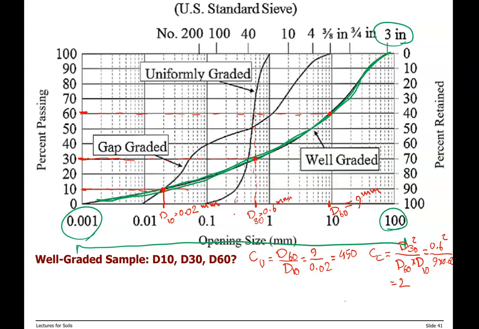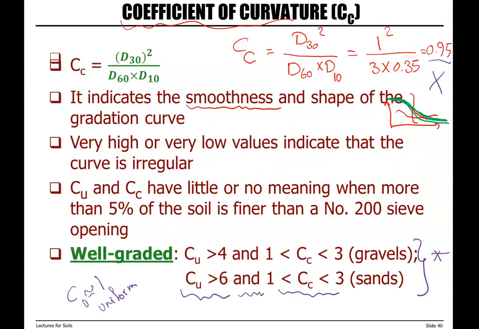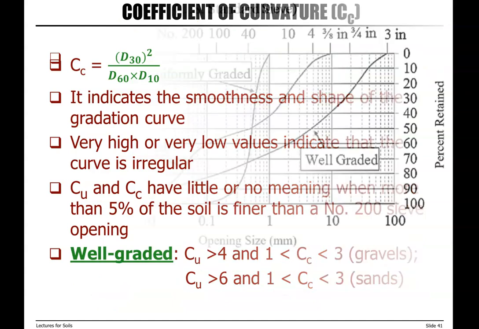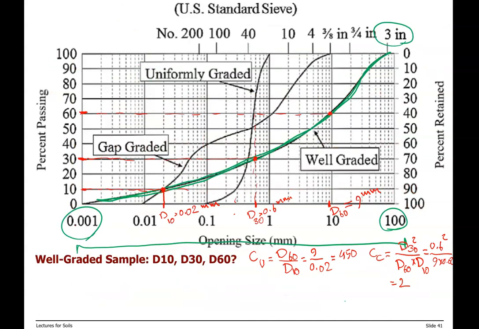So now if we want to check, let's say that we have sand. Cu should be higher than 6 and Cc should be between 1 and 3. This is higher than 6 and this is between 1 and 3.